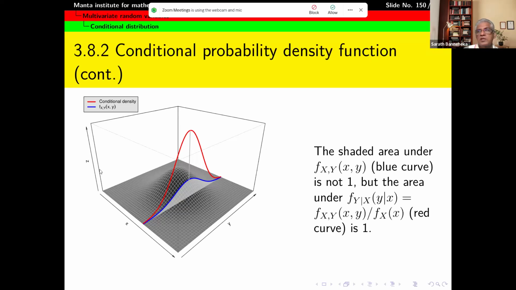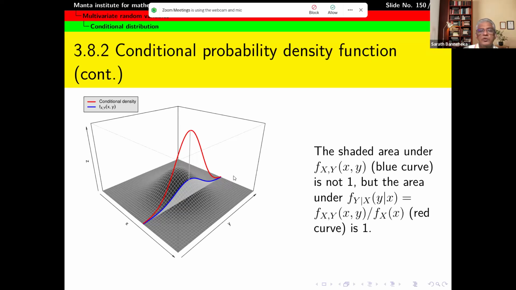The z-axis shows the joint density function, z equal to f_{X,Y}(x,y). If I cut this surface vertically at x equal to 0, we will see this blue curve when we look from this side.